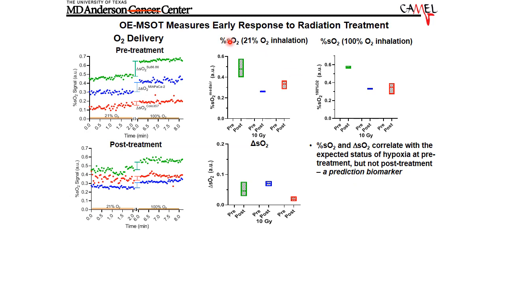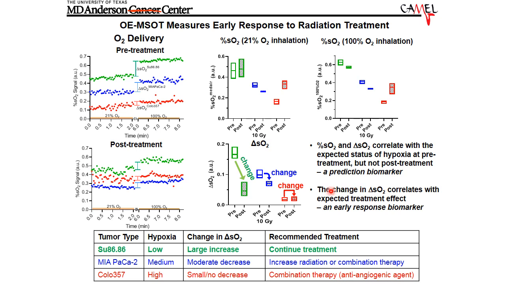Unfortunately, the percent SO2 doesn't really show a pattern with either carrier gas after radiation therapy. So this is not a post-treatment biomarker. This is only a prediction biomarker before starting treatment. However, the change in delta SO2 clearly shows that the normoxic tumor changed its oxygen capacity after radiation therapy.